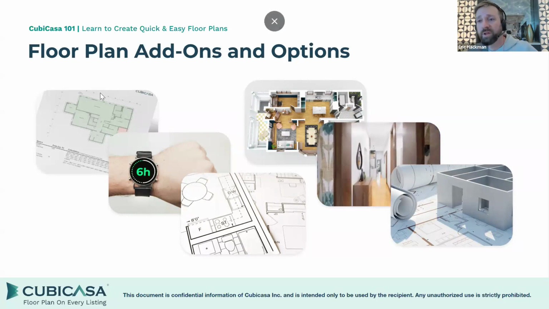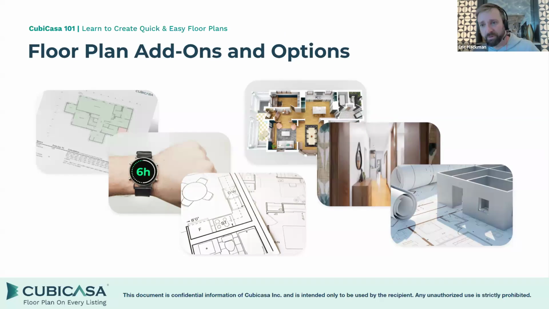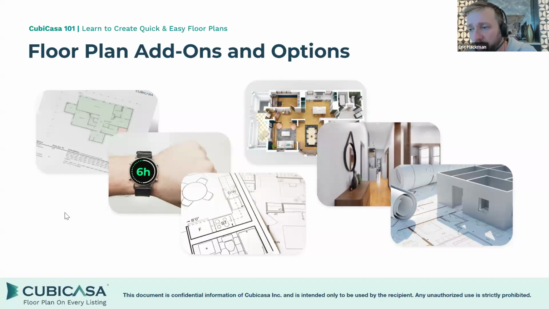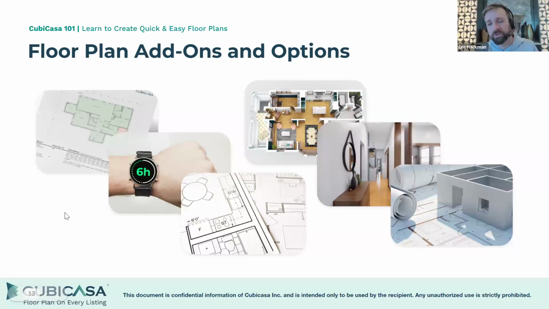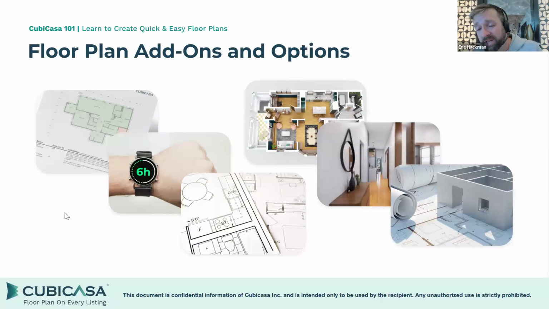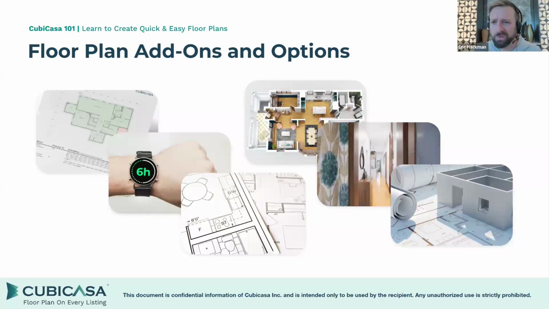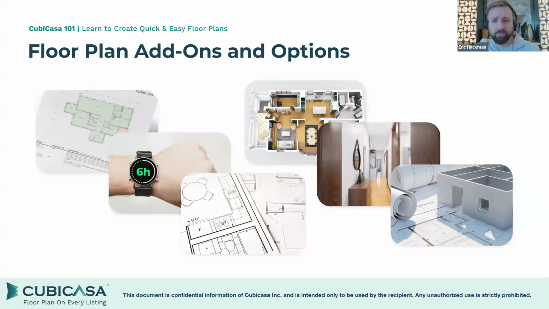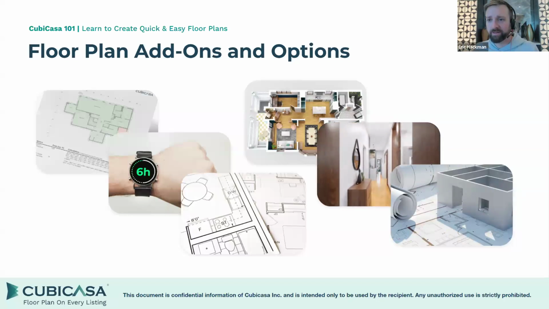So for those of you that are using CubiCasa to validate square footage, I would absolutely recommend using the appraisal grade floor plan. It's going to be the biggest total square footage number because it takes into account wall thickness in its calculations. So it's a great way to validate square footage, which you should do, right? You shouldn't rely on public records data as being the source of truth, they're historically inaccurate.